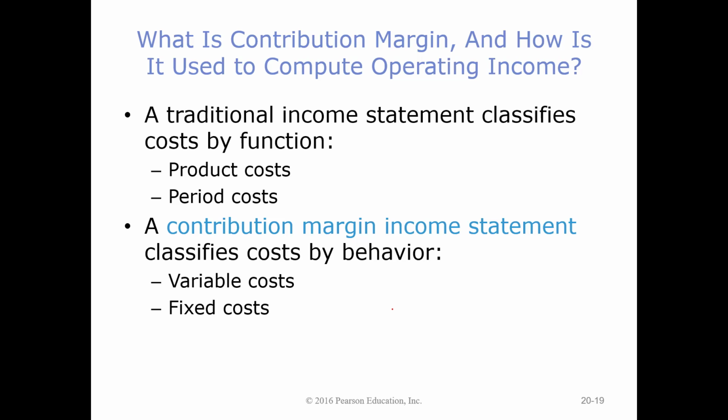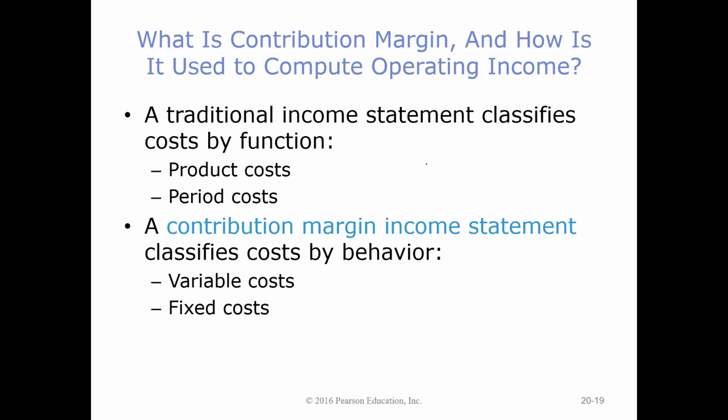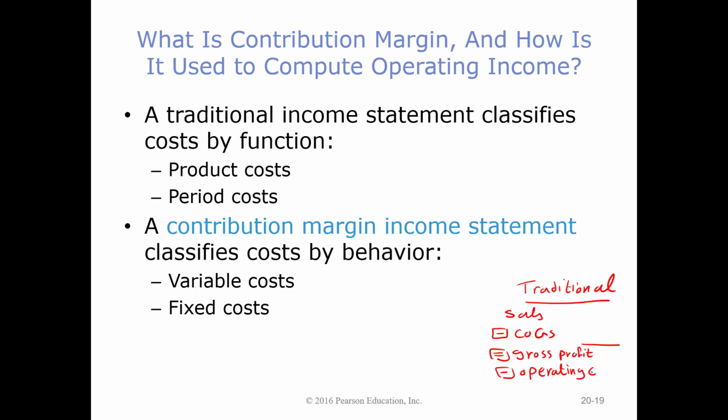As you know, we have a traditional income statement that we studied in chapter 16, and chapter 16 is recorded and you can go back to it and see this traditional income statement in detail. But the traditional statement was like that: sales minus cost of goods sold equals gross profit minus operating expenses equals operating income.